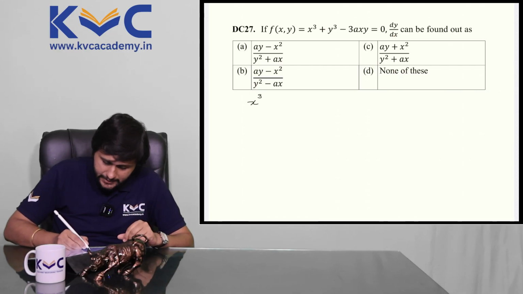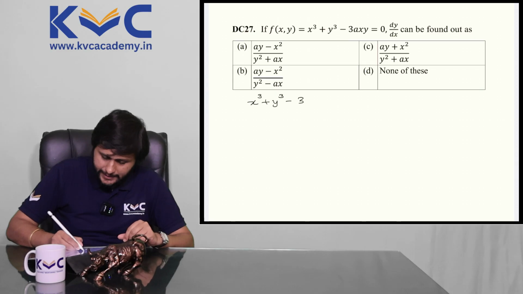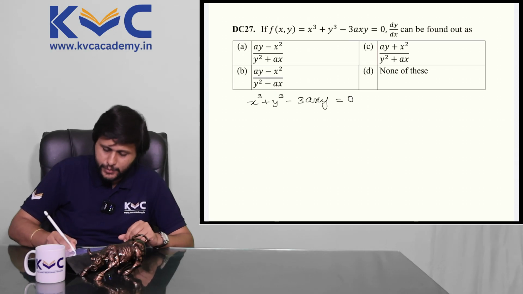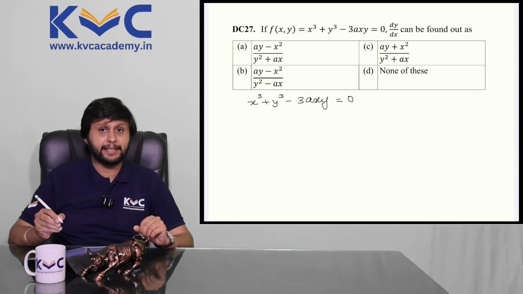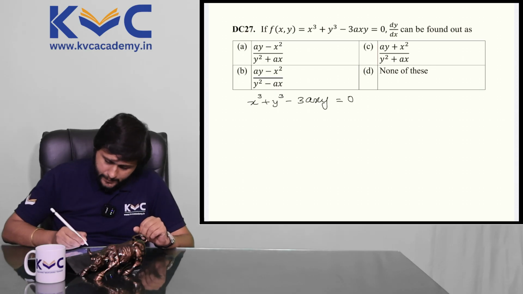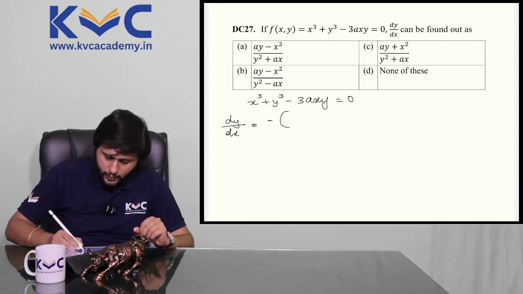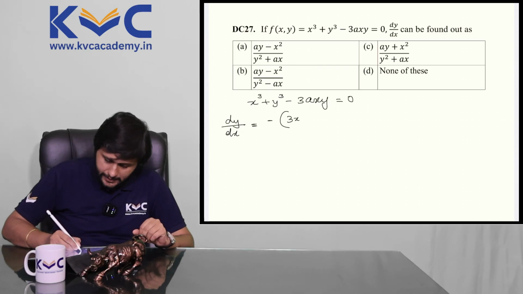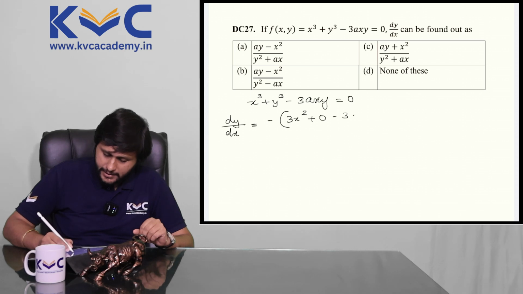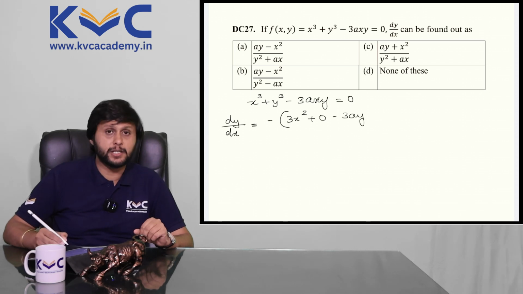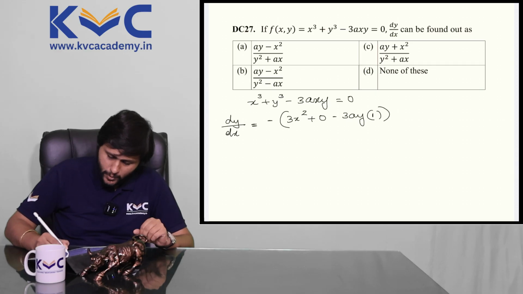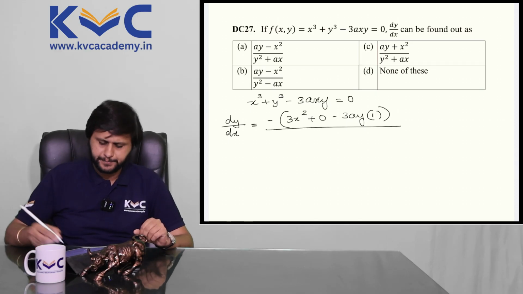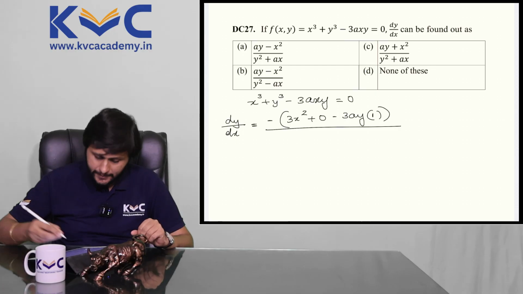So I'll rewrite that. X cube plus y cube minus 3axy equal to 0. So good for us, it is already in the standard form. What is my rule? Dy by dx on the left hand side equal to minus sign outside, differentiation with respect to x, differentiation of x cube 3x square, differentiation of y cube 0, and we have constant 3ay is constant, differentiation of x that is remaining is 1, all divided by, now differentiate with respect to y.